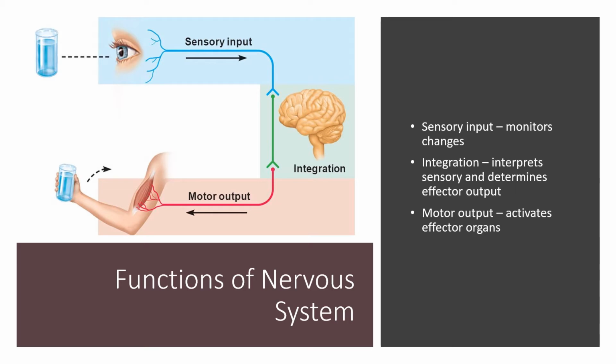If you also register thirst, it'll also send out information to your skeletal muscles to reach out, pick up that glass, bring it up to your mouth, and then engage your muscles of swallowing to bring water into the body. Your motor output is what's going to activate effector organs. So you have sensory input pathways, integrators, and motor output nervous system pathways.